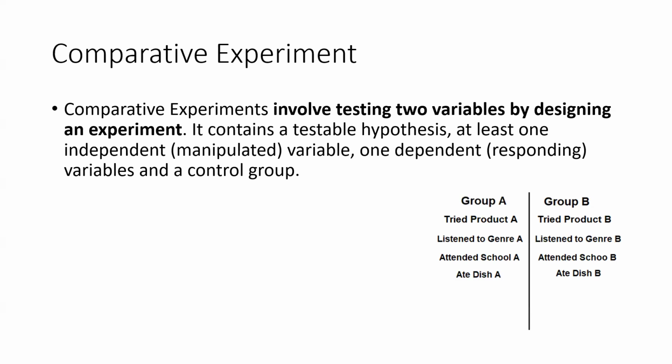All right, for comparative experiments, we can have an A versus B as far as product testing or genre or some sort of comparative analysis as it pertains to scenario. For a controlled experiment, we have an instance where there's an application and then non-application, hence the control. So again, all controlled experiments are comparative experiments, but not all comparative experiments are control experiments because not all comparative experiments possess a control group. All right?